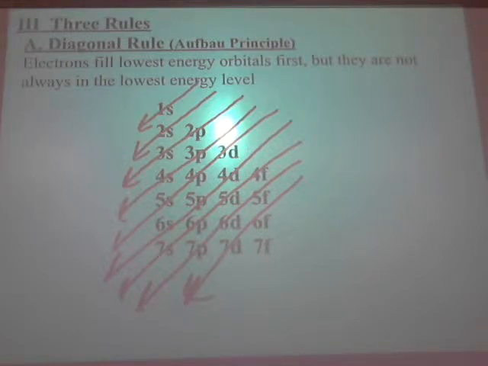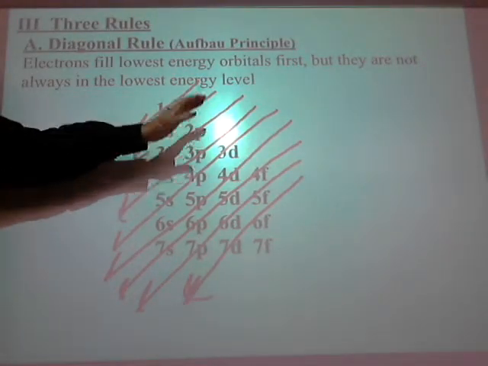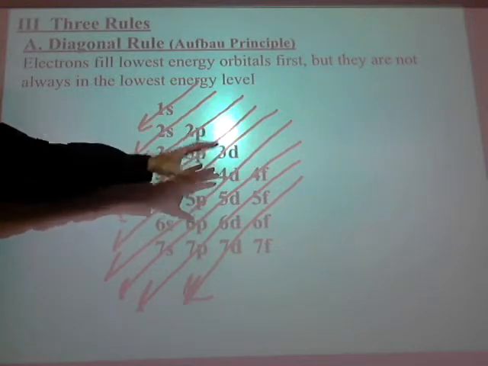So I'm going to leave this on the board over here until the test comes around. I'll draw the same diagonal rule over there so we can refer to it.